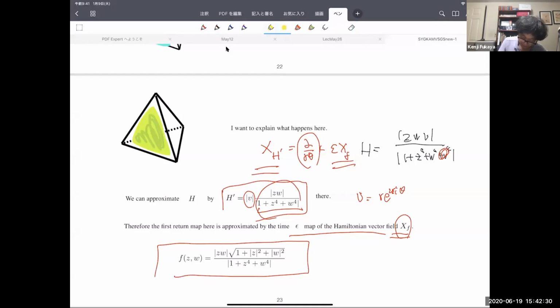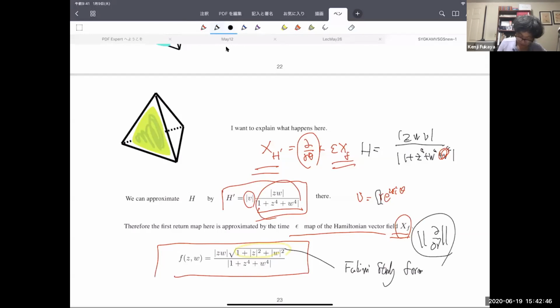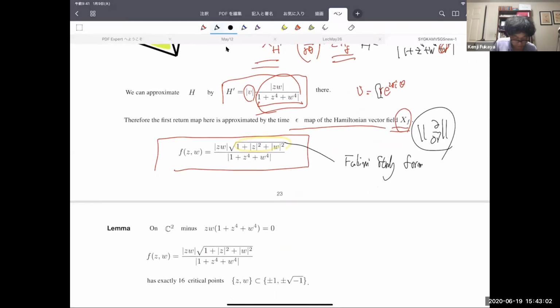This guy is the Fubini-Study form; if you take this R, it is the length of R at this point. So the vector field I want to study is the Hamiltonian vector field of this F on P2 with respect to the Fubini-Study form.